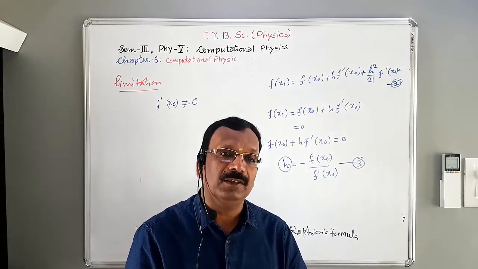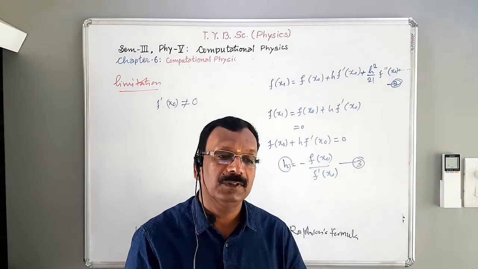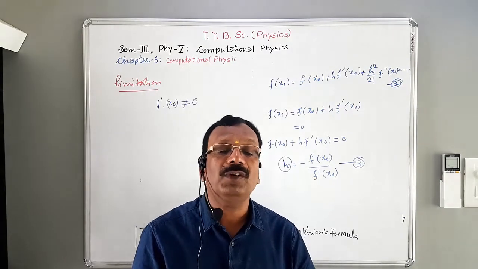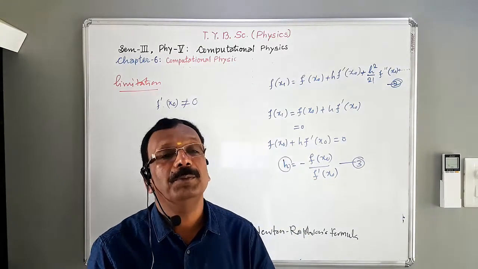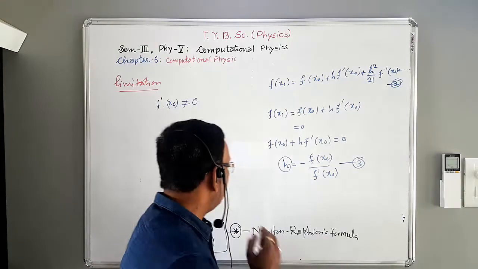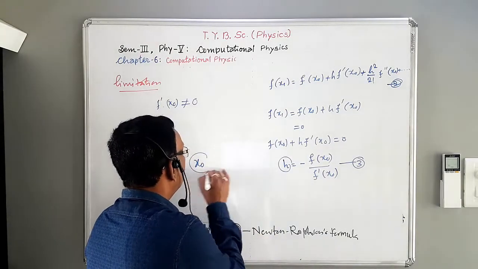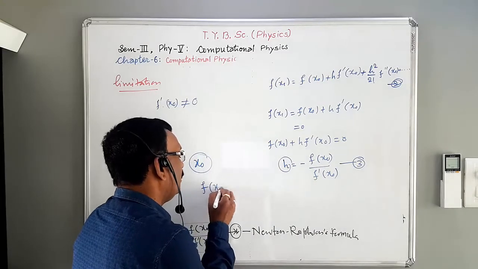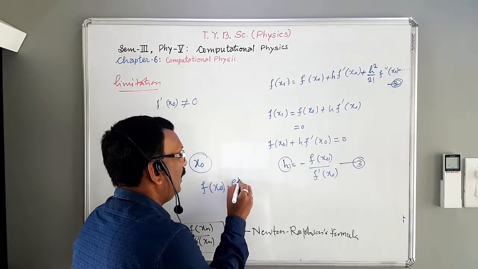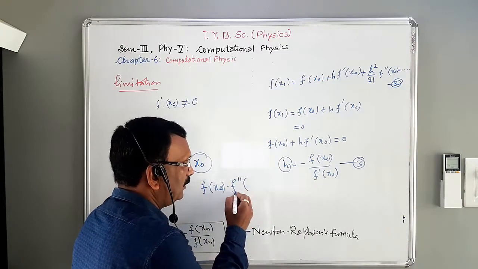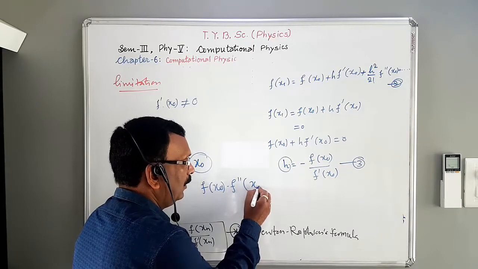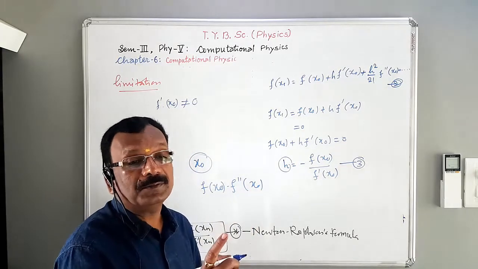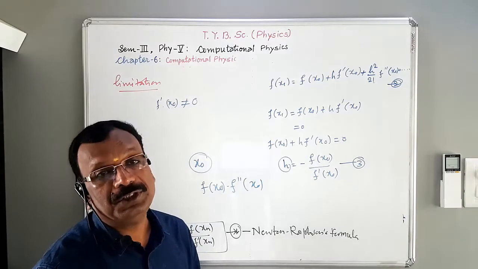And the third limitation: for better convergence of the method, select x0 such that f of x0 into f double prime of x0, that means the second order derivative, should be positive.